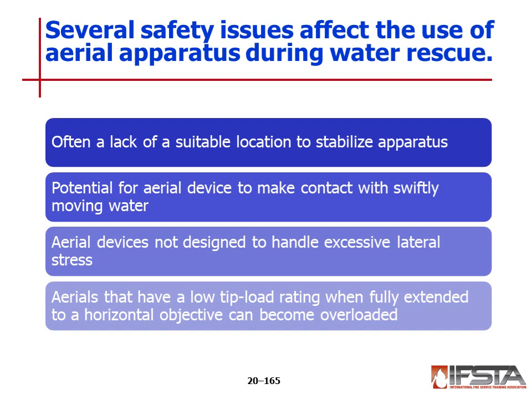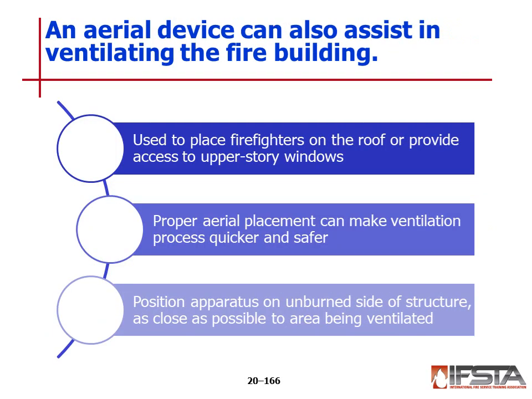Often a lack of suitable location to stabilize the apparatus, potential for the aerial device to make contact with swiftly moving water. The aerial device is not designed to handle excessive lateral stress. Aerials that have a low tip load rating when fully extended to horizontal objects can become overloaded.